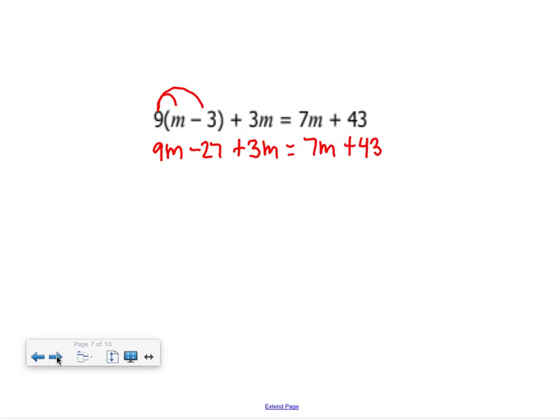That was step 1. Step 2, combine like terms. Finally, I can combine like terms on this side, right guys? Because if we look, I have a 9m right here and a 3m there. So how many total m's do I have? Well, 9 plus 3 is 12m. And then minus 27, that guy just gets to be by himself.